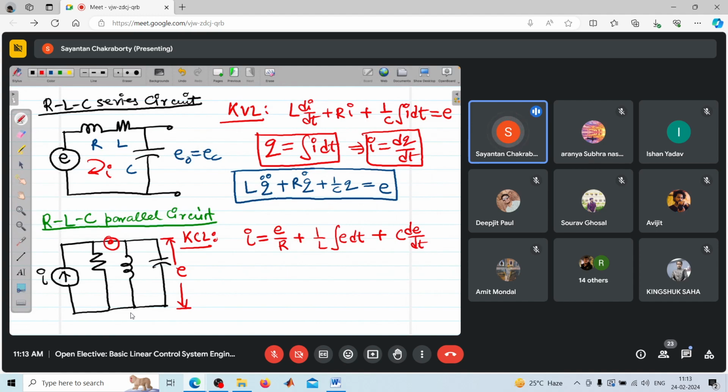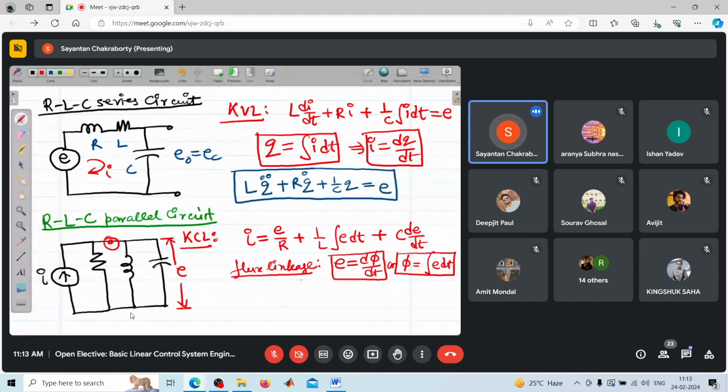Now we take another assumption that the flux linkage is associated with the induced voltage by the fact that E is equal to d phi dt, or phi is equal to integration E dt, for the inductor. So replace this over here.